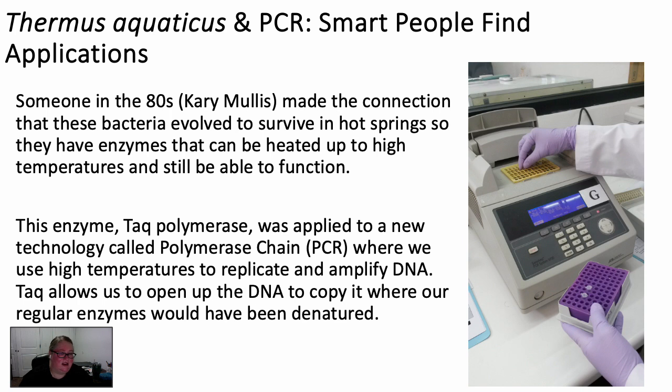Because what PCR does is copy these strands of DNA and amplify them, so we get a lot and can actually look at them. Without being able to amplify DNA, we wouldn't have been able to sequence the human genome. Taq polymerase was able to step in where our enzymes and proteins could not.